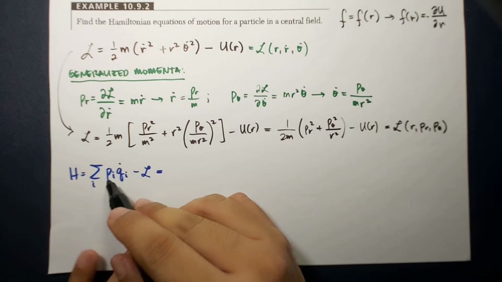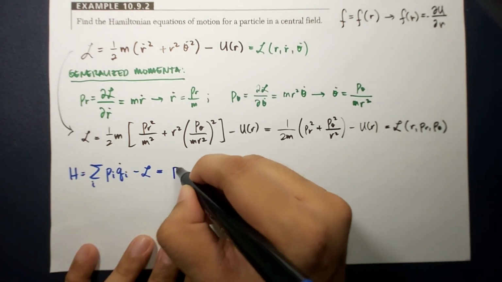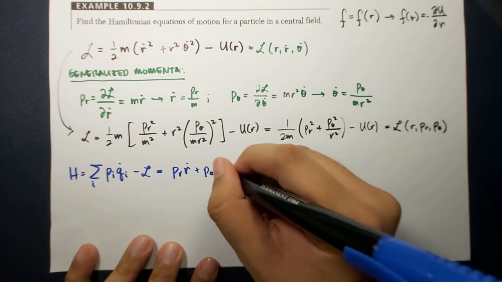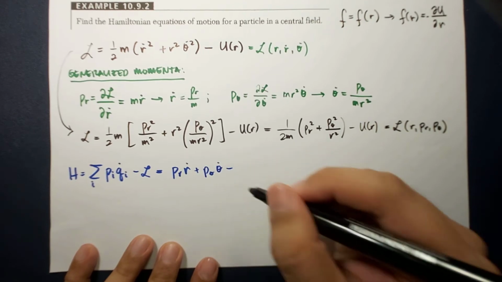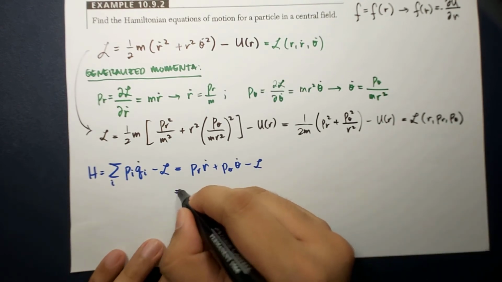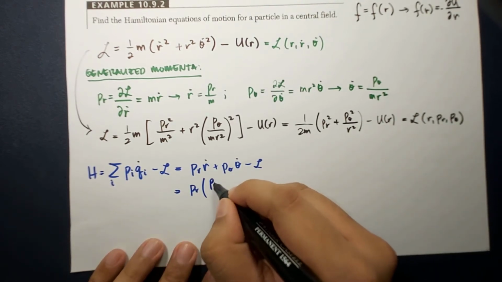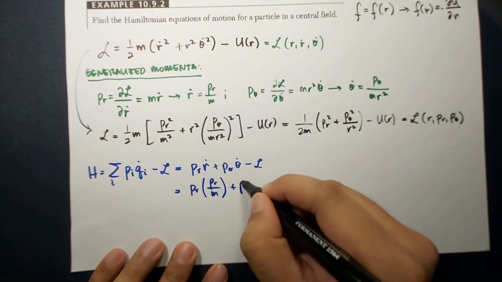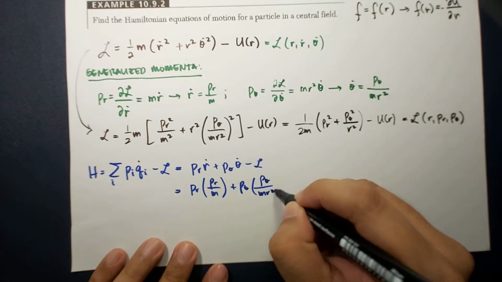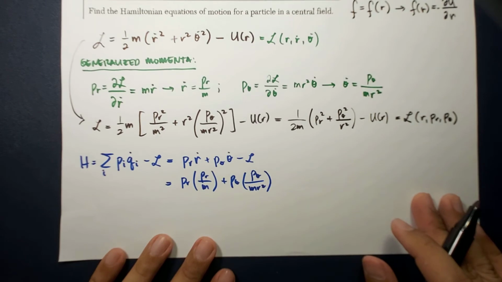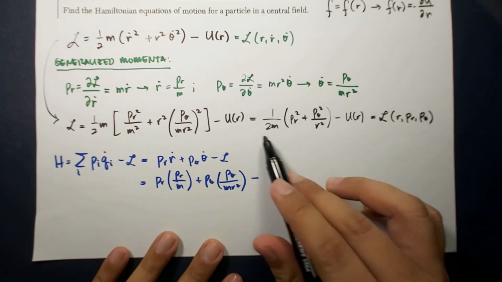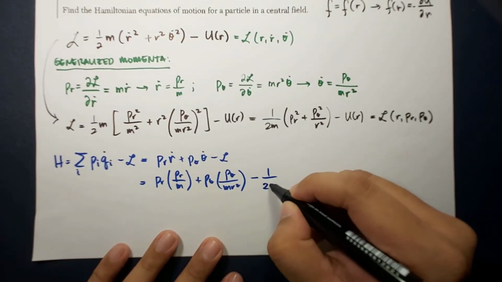Okay, so this is now p r r dot plus p theta theta dot minus L. So this is now equal to p r times p r over m plus p theta times p theta over m r squared, minus the Lagrangian, which is minus this 1 over 2m.